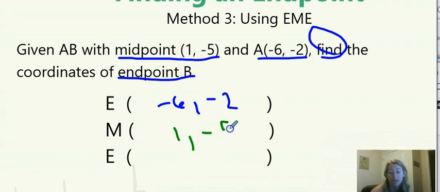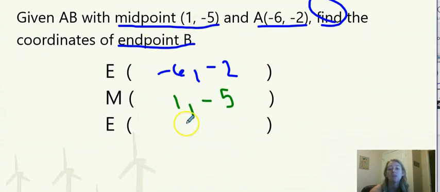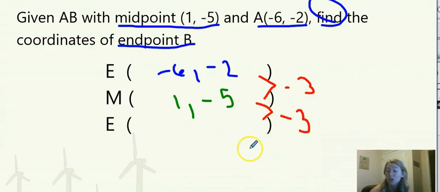So we're going to put that in the middle. The midpoint has to go in the middle, so make sure you pay attention to which point is your midpoint. And now we're going to use that to find the endpoint. So how did we get from -2 to -5? We subtracted 3. And we're going to subtract 3 again to get to our new endpoint.